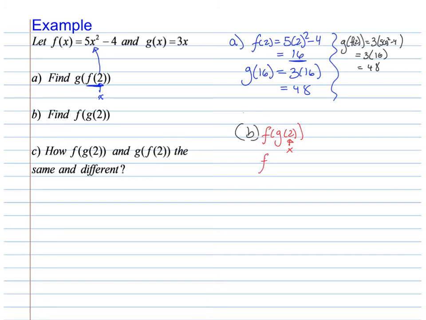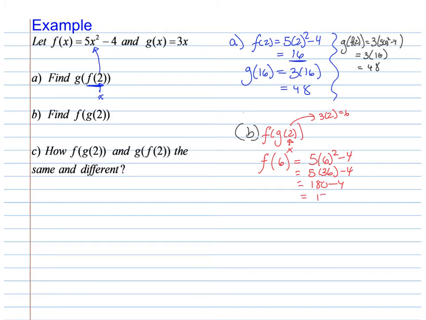Now we have f of 6. Wherever we see an x in the f function, we substitute that value. So we're going to have 5 times 6 squared minus 4, which is 5 times 36 minus 4, and we get 180 minus 4.